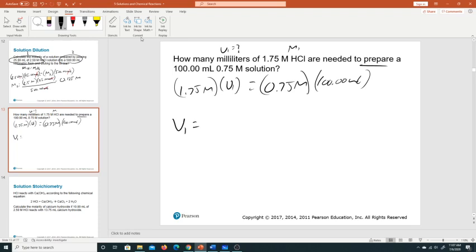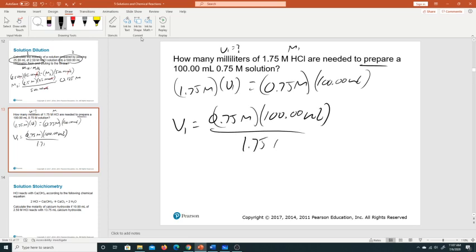V1 equals 0.75 molar times 100.00 milliliters. Divide that by 1.75 molar. V1, and that'll tell us the answer to that. 0.75 times 100. Divide that by 1.75.